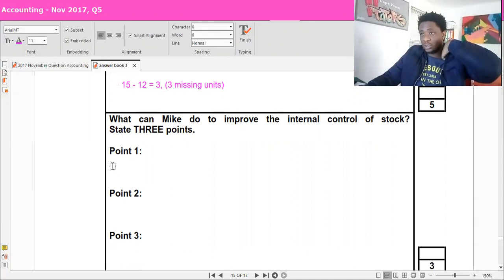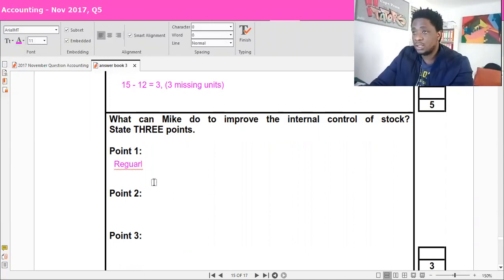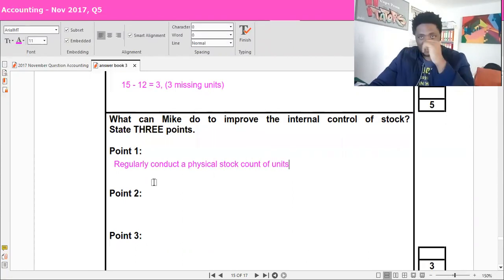So the first one would be to regularly conduct a physical stock count of units. If you are regularly counting the units physically, you're able to see when it was actually stolen.